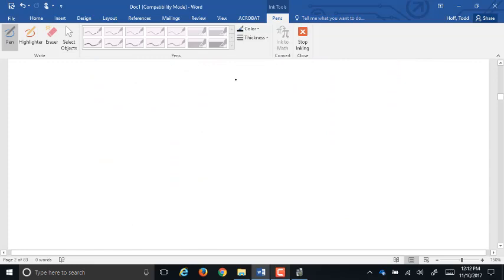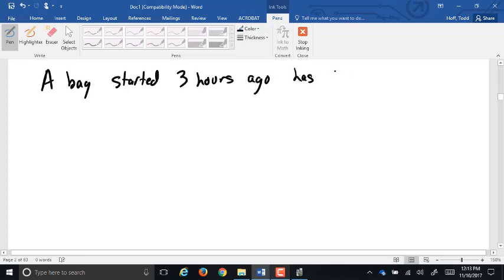Now you might be looking at it, okay, why would I ever want to graph that out? Well, let's say a bag started 3 hours ago. Has, let's see here, 850 milliliters in it.